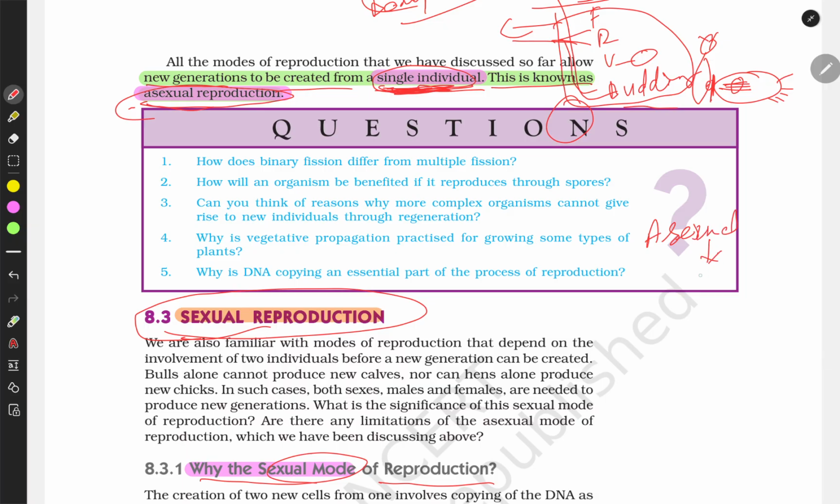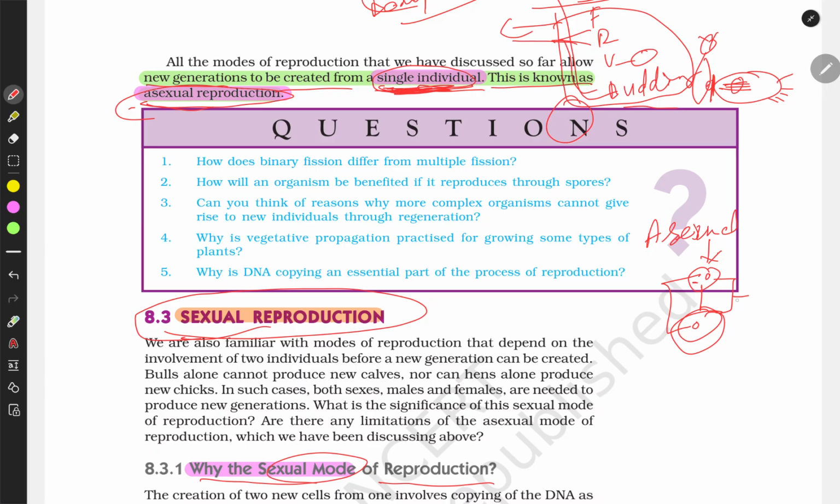The reason is, in an asexual mode of reproduction, where a single individual is copying into another individual, what is happening in this case? Only a small change will happen due to mutation in the DNA. So the identity of the newly created individual will be almost similar to this individual.